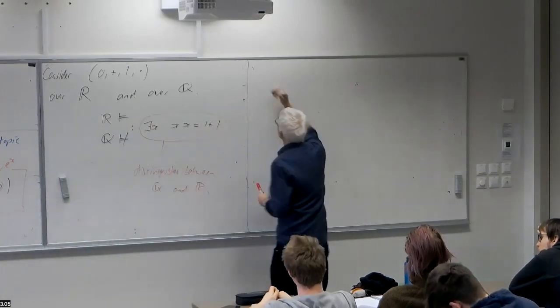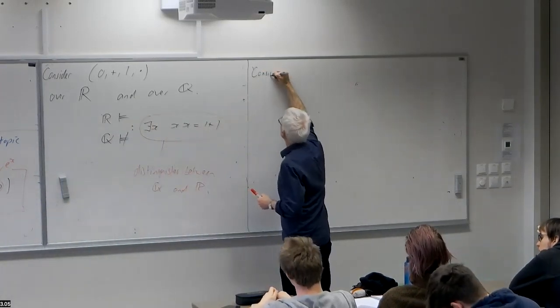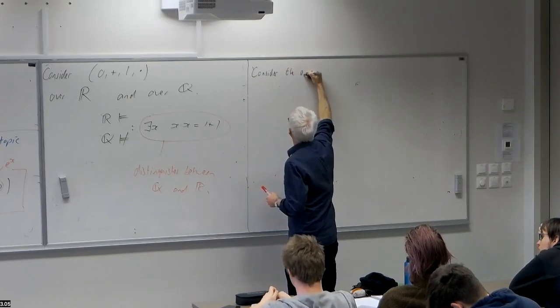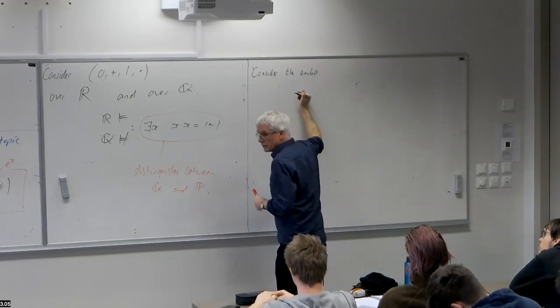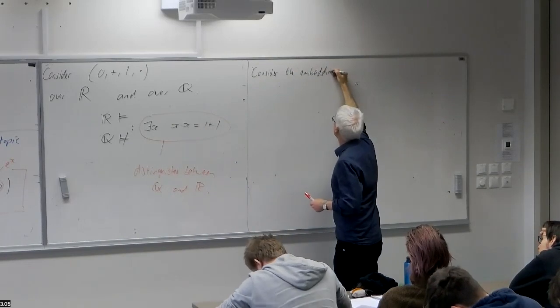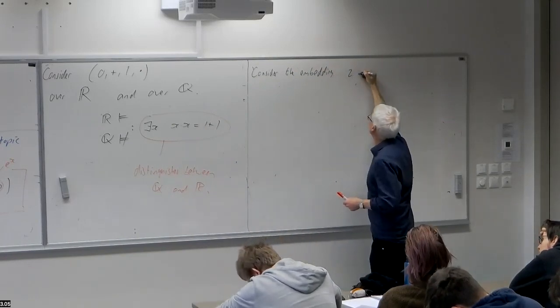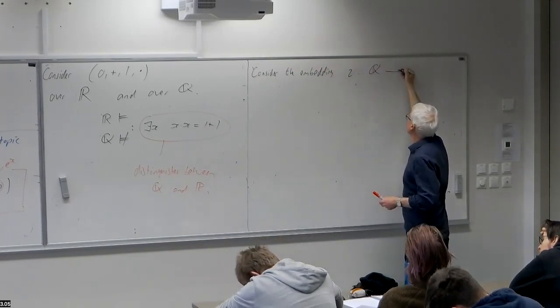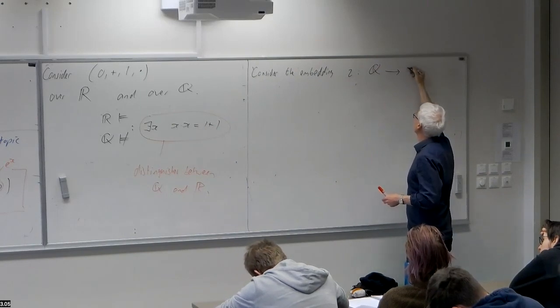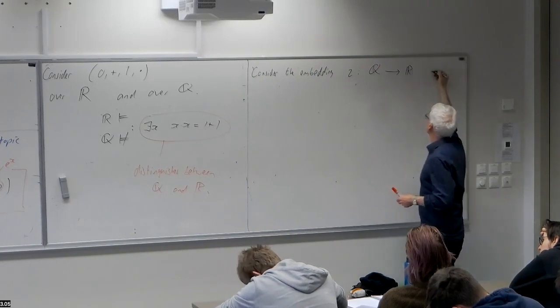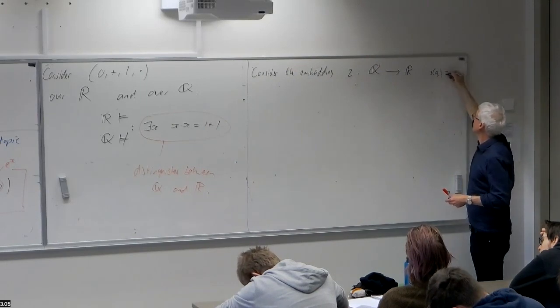So consider the embedding, which I'll call iota, which embeds the rational numbers in the reals. So iota of q is q.